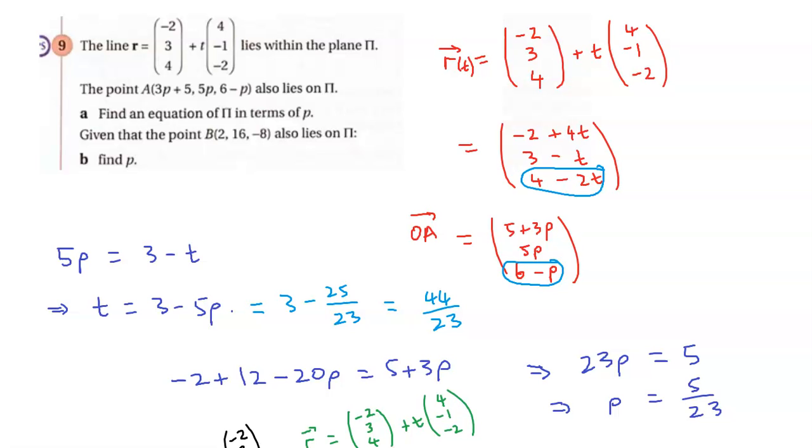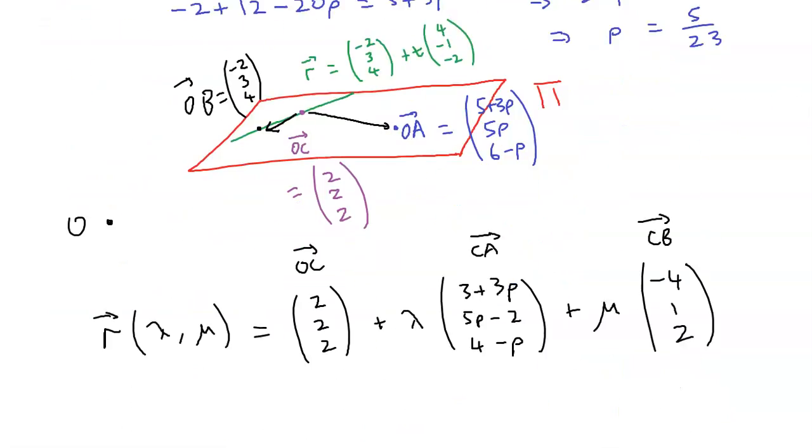So that is the equation of our plane in terms of p. For the next part, we are also given that this point B with coordinates (2, 16, -8) is also on pi, and it just says to find p.